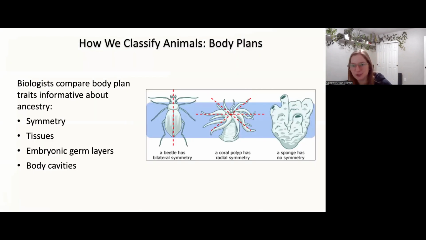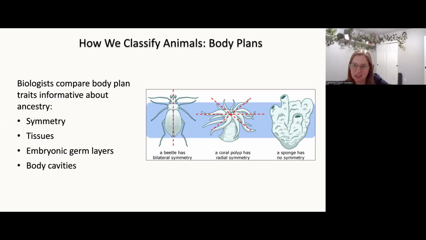So we also divide our organisms based on body plan. We can determine body plan by looking at symmetry. If you are bilaterally symmetrical, you have a dividing line and your right and left halves look pretty similar. We're bilaterally symmetrical. If you divide my right and my left side, both of them are going to have an eyeball, both are going to have an arm and a leg.